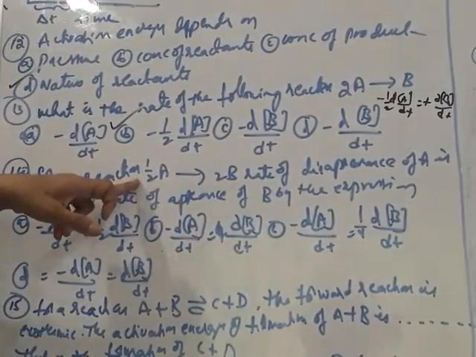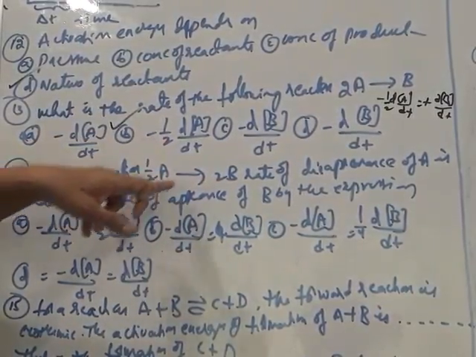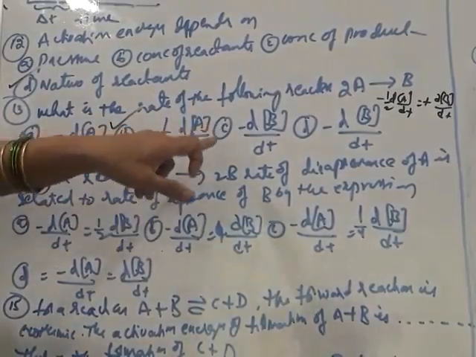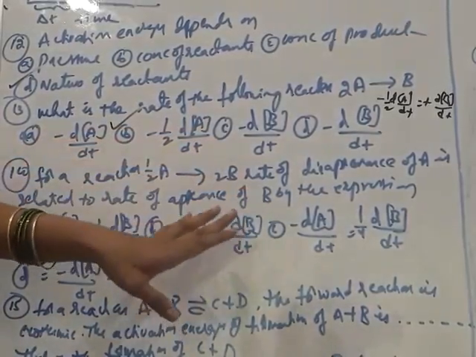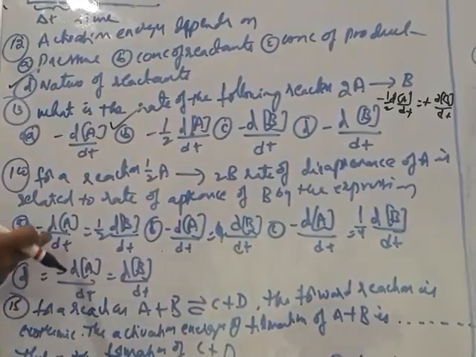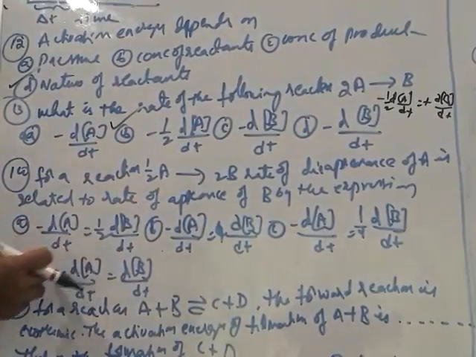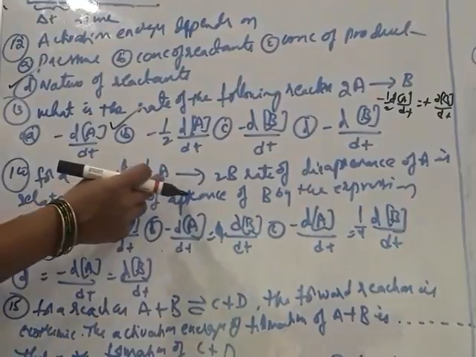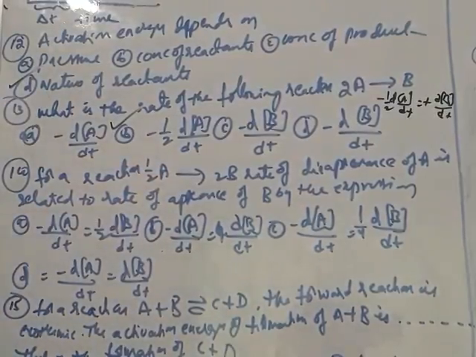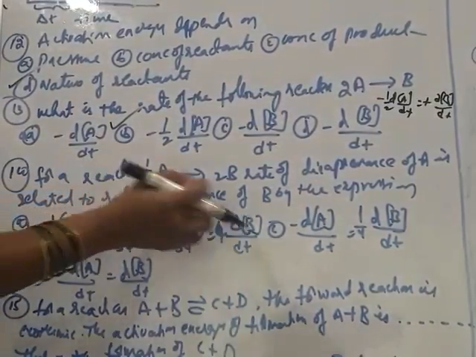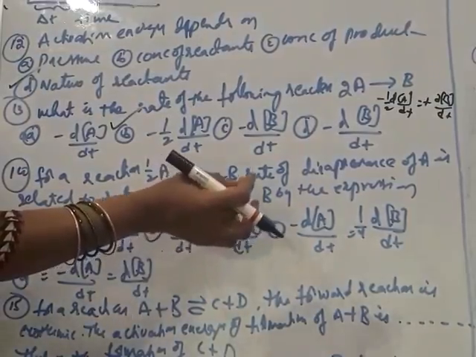Okay. So, we can write 2 dA by dt, which is equal to 1 by 2 dB by dt. Okay. Then, here in the given options, A is considered as 1 mole. If it is 1 mole, the formed product becomes 4.